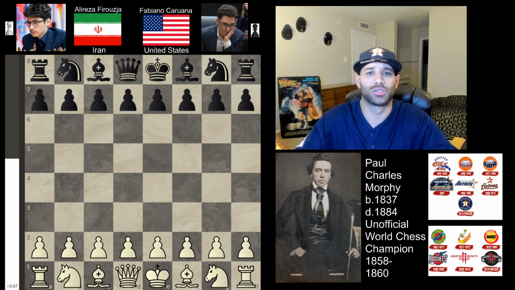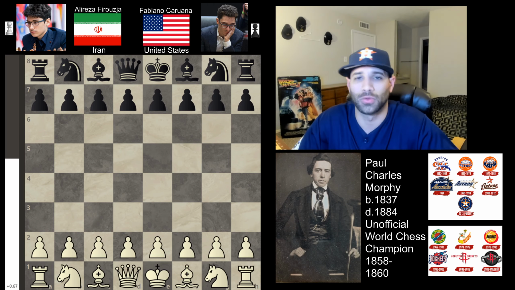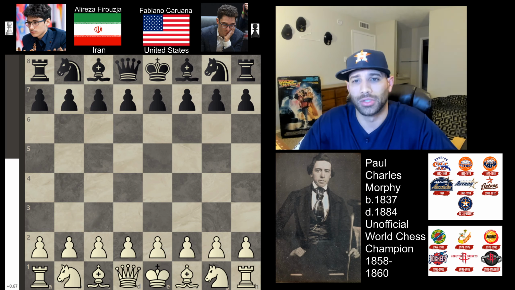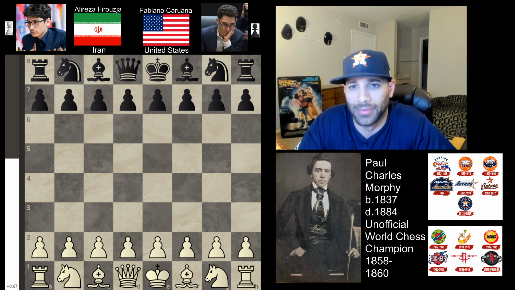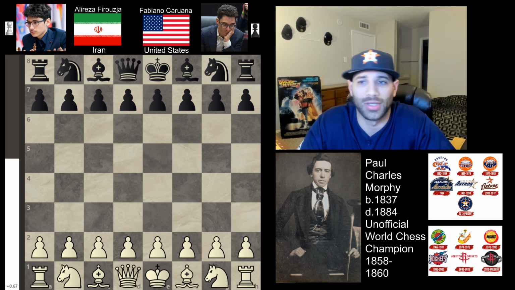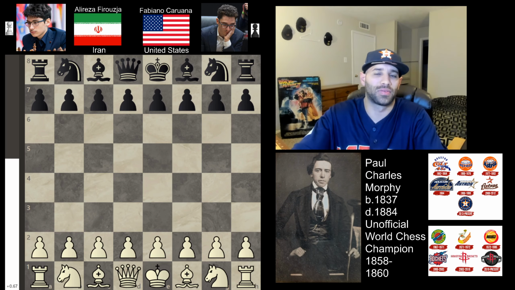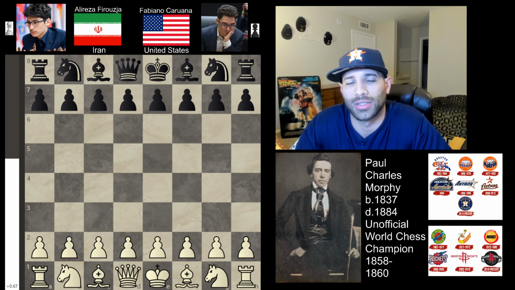So I have their pictures, the color they're playing in the game, their national flag, and the country they're representing. Alireza Firouzja is from Iran, so I have his Iranian flag there, then his picture, and of course he's playing on the white side. And the same thing with Fabiano Caruana. He has his American flag, he's representing the United States, has his name, and right next to him he has a little black chess piece.